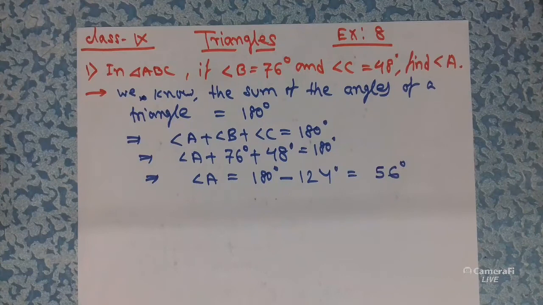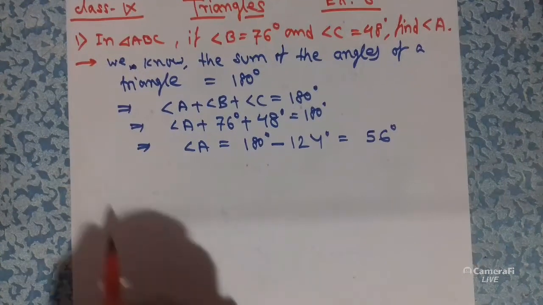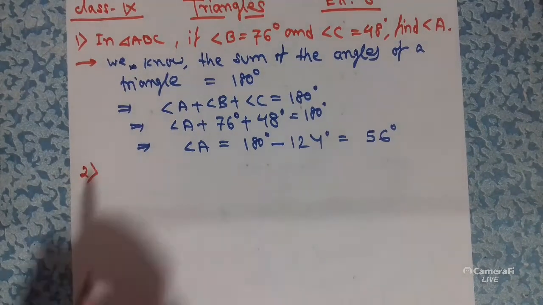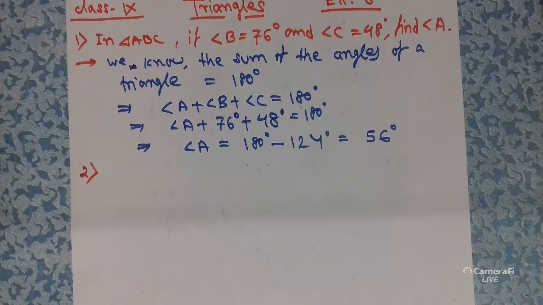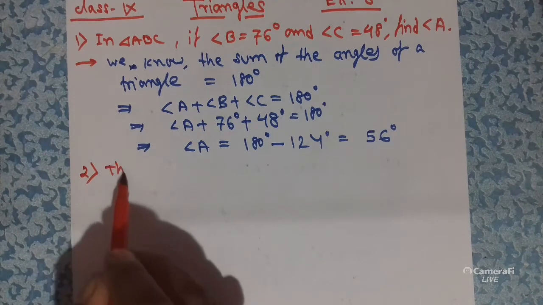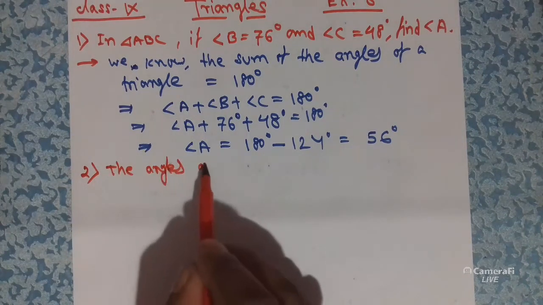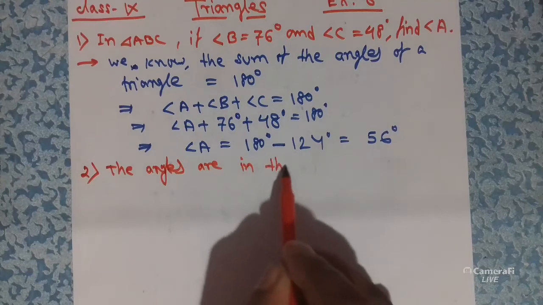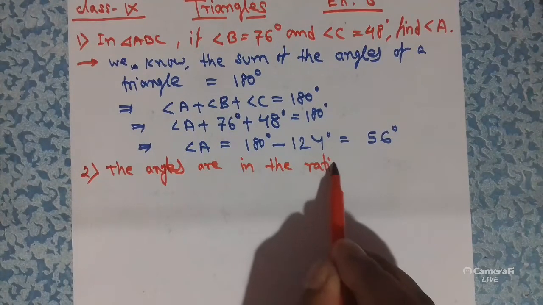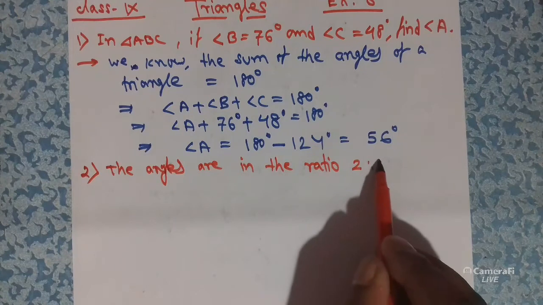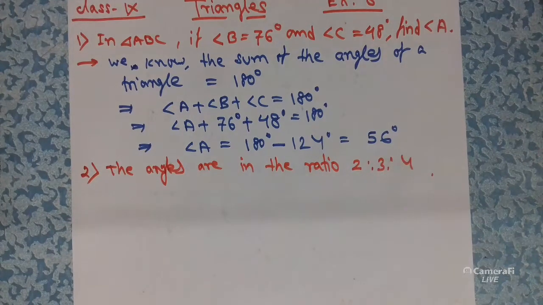Now the next one. It is given that the angles of a triangle are in the ratio 2:3:4. Now we have to find all the three angles.